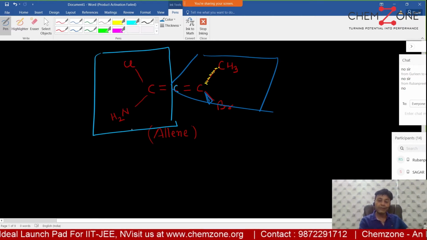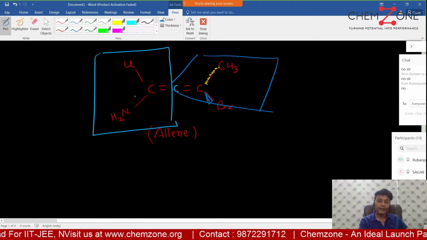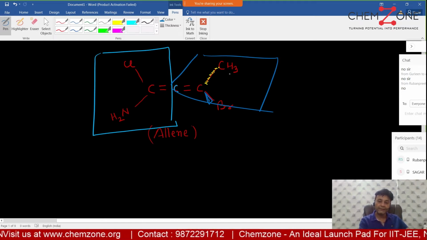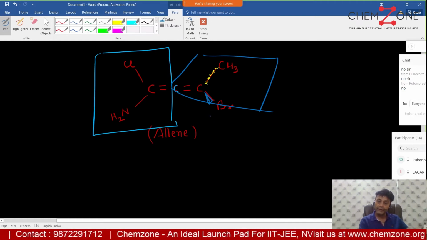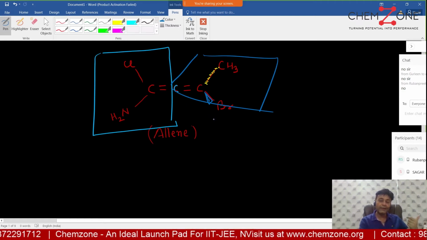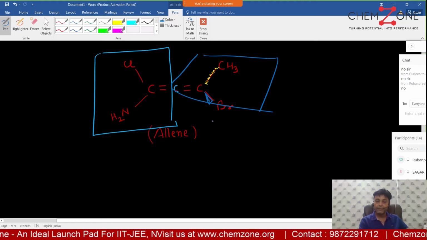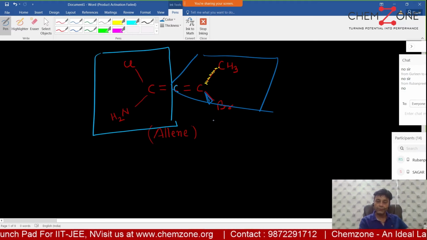The chlorine and NH2 are in the plane of the screen, and CH3 and Br are perpendicular to it. The bromine is towards the observer and methyl is away from the observer.